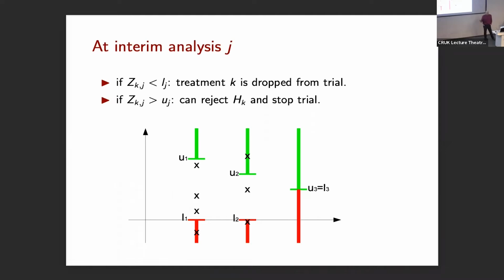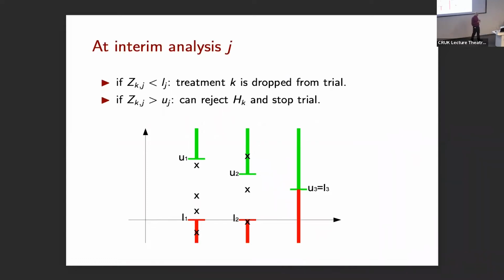On the x-axis, you got number of patients recruited and observed. On the y-axis, you got your test statistic that you might be interested in. The first red and green bars correspond to my first look at the data, at which point, if I have 4 active treatments compared against control, I will have 4 different test statistics, and on the basis of these test statistics, I will make one of 3 decisions.